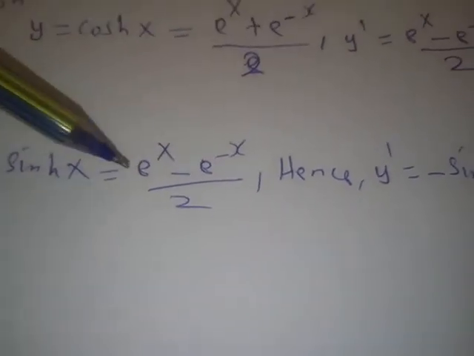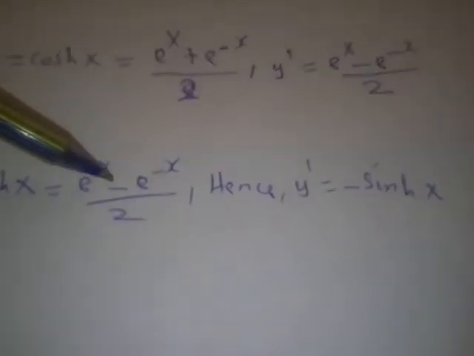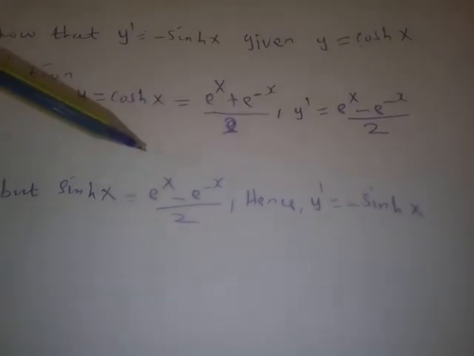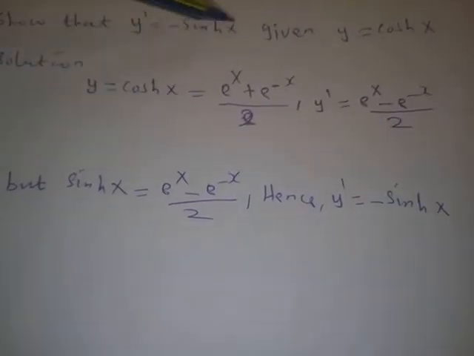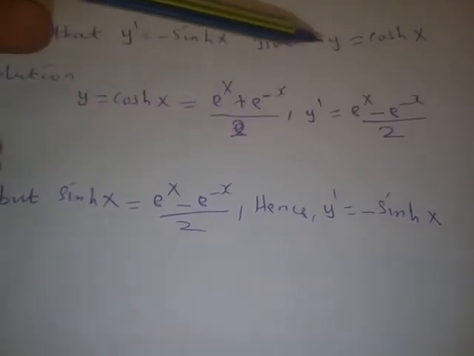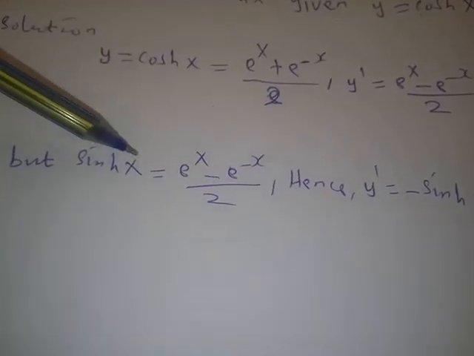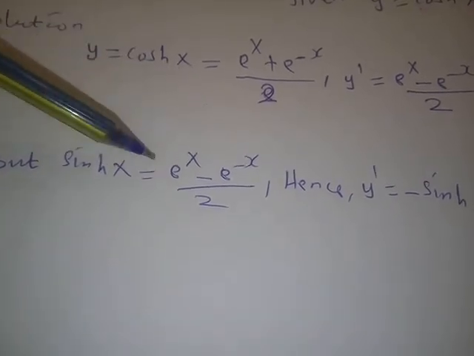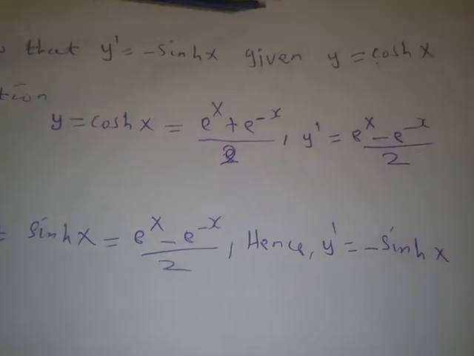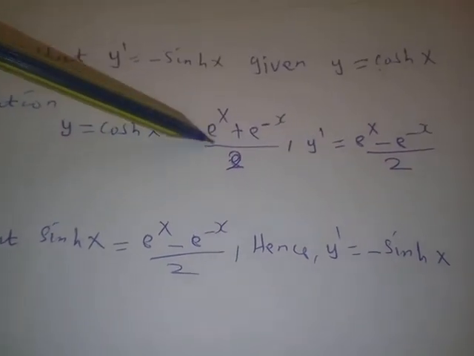This is the case because in order for you to obtain this function here, you need to multiply it by negative, and when you multiply it by negative, you are going to get this function there.